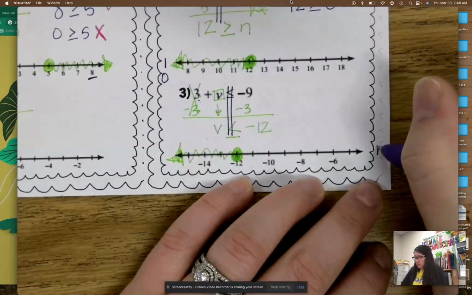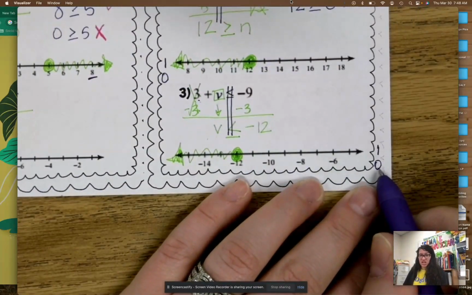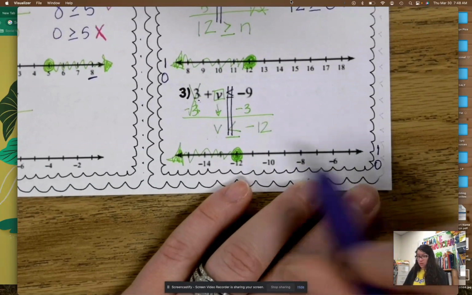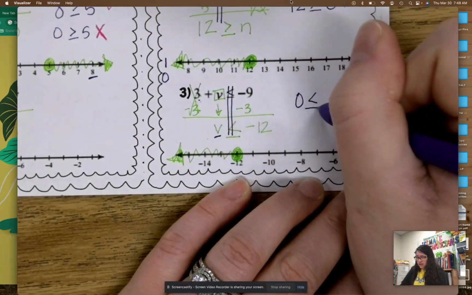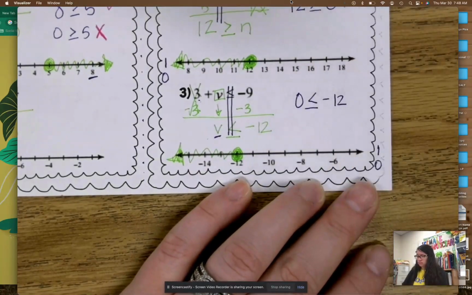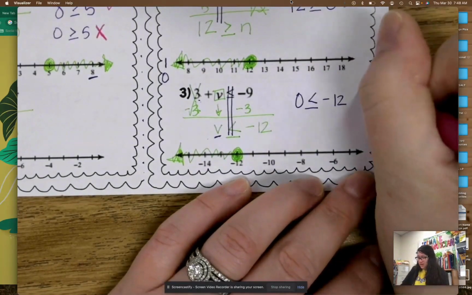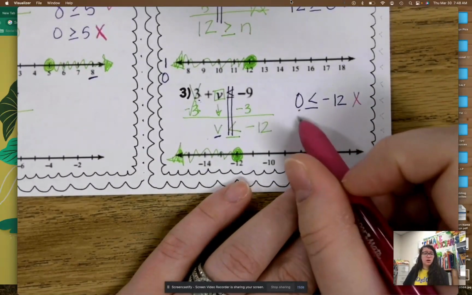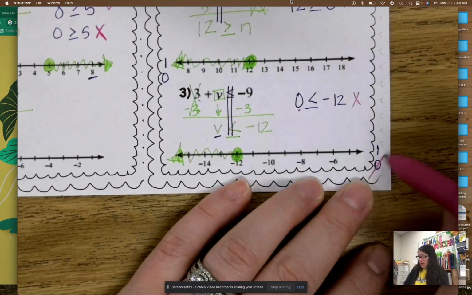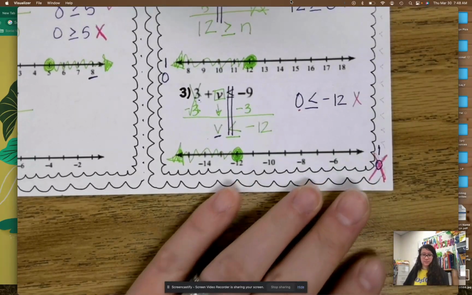If I check with that number 0, I didn't shade the direction of 0, so 0 should not work if I plug it in for my v. Is 0 less than or equal to negative 12? No! Negative numbers are always smaller than 0, so 0 should not be the direction that I shade.